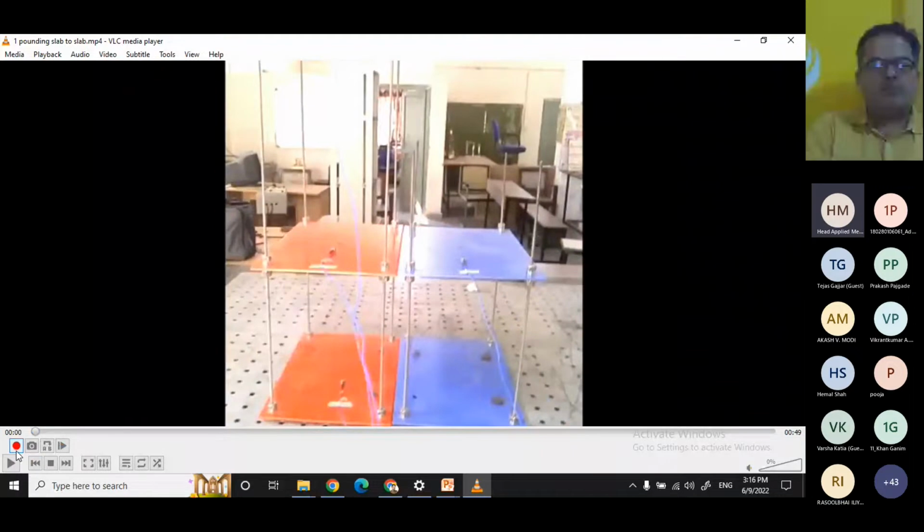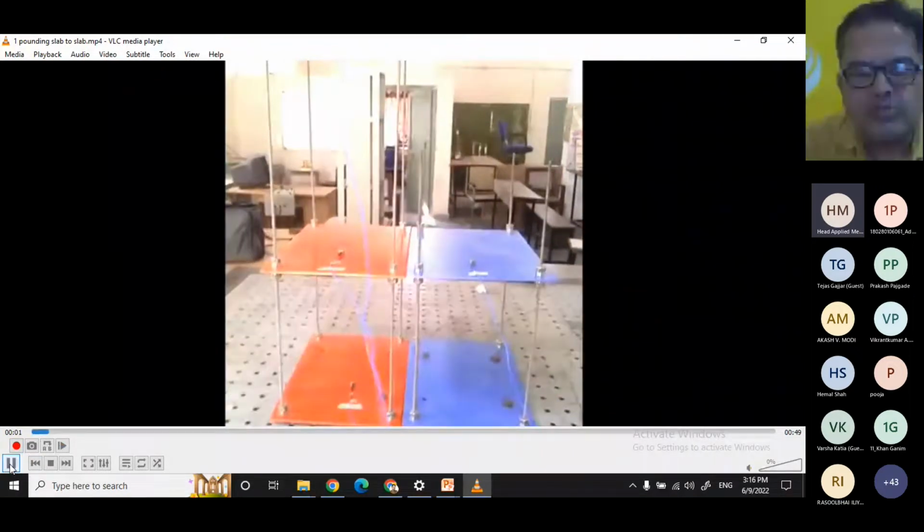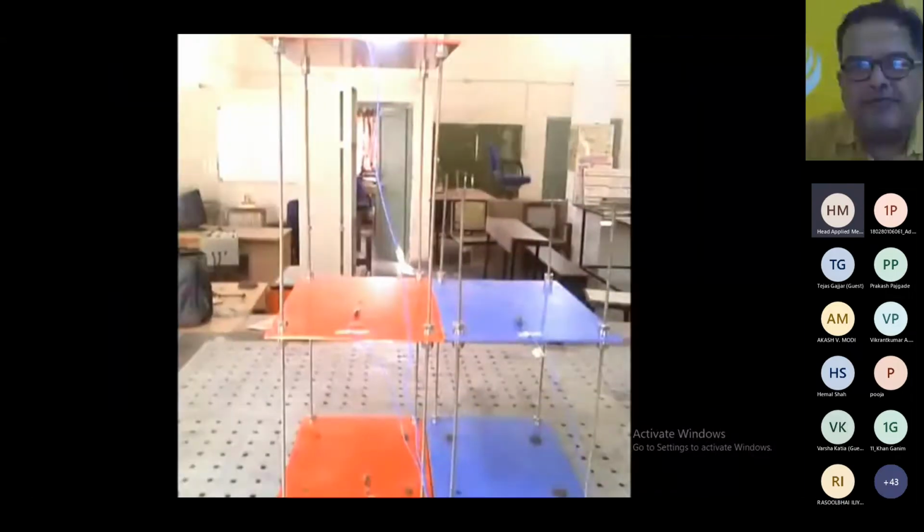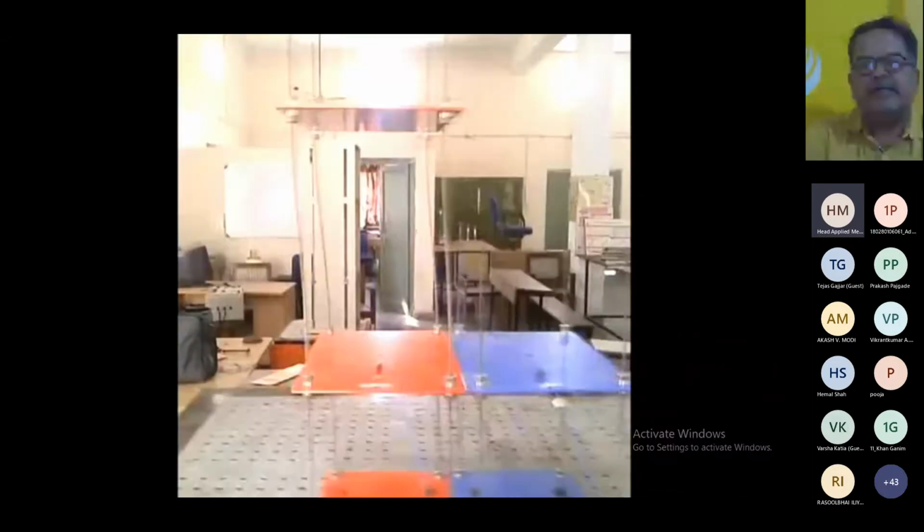Okay, you can see now the slab to slab pounding. Again, the frequency, one is a single story, another is a two-story building. When slab is hitting the slab, a lot of energy will be imparted, I tell you, right?